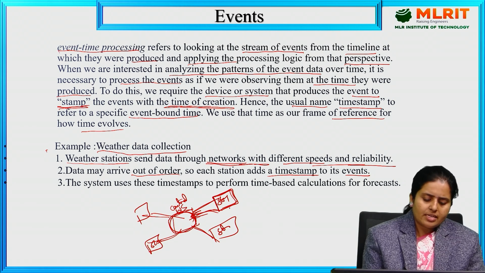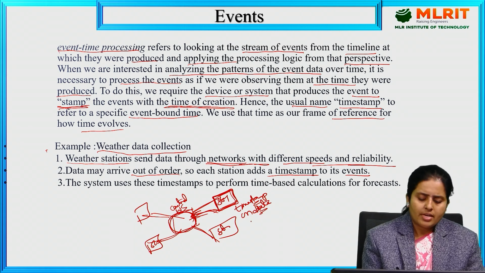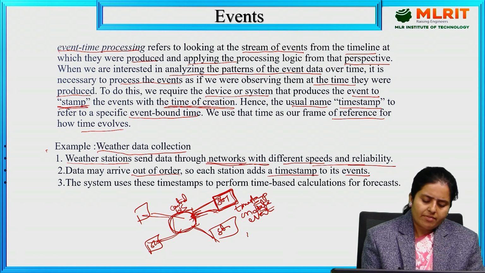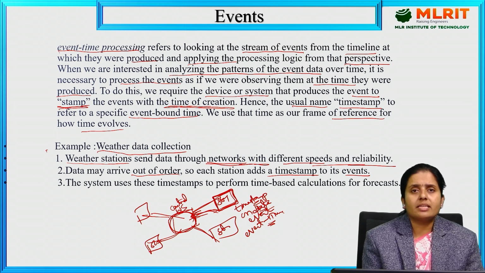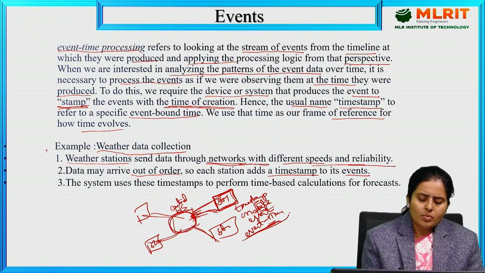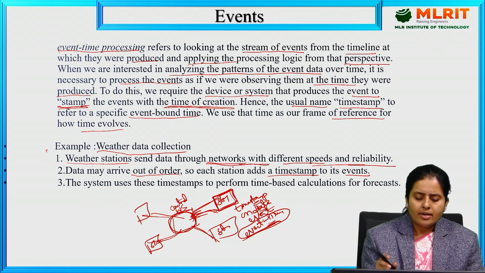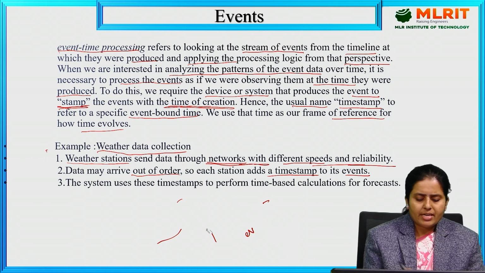Each station puts a timestamp on the time at which the data was generated in terms of events. So events come with a timestamp from every station, so that it is easy for us to recognize from which station how much data was created at which time. This kind of processing is nothing but event time processing.